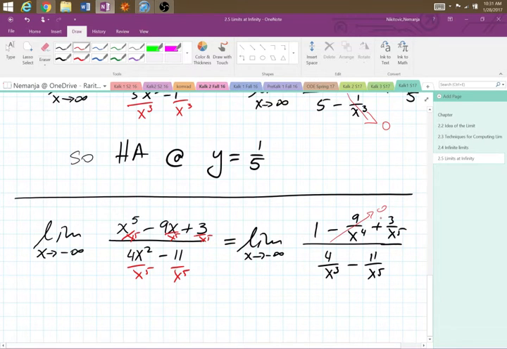This goes to 0, this goes to 0, everything went to 0, and we have 1 over 0. Explosion. Therefore, no horizontal asymptote.